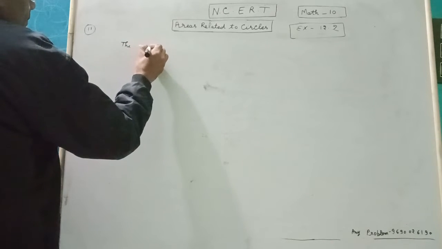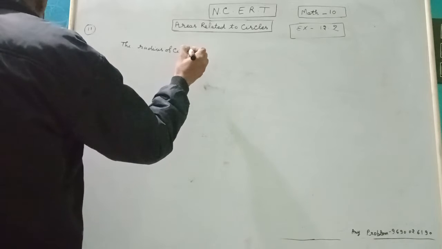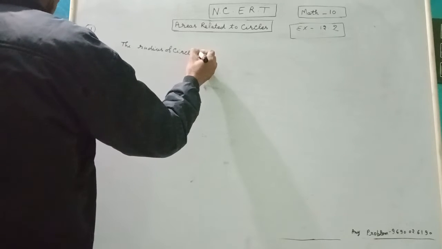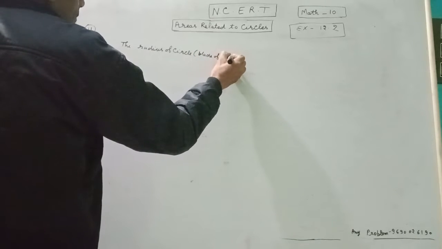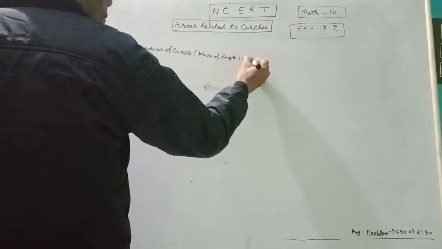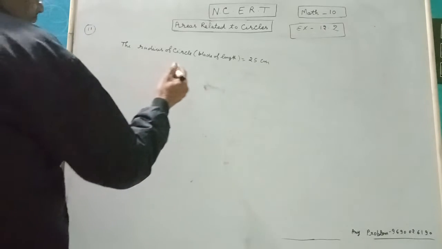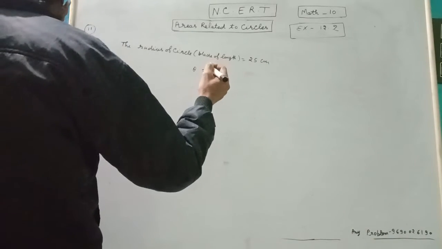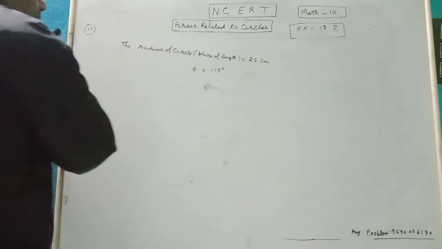The radius of the circle, the blade of length, is equal to 25 cm. There are 2 wipers. The angle between them, 115 degrees, is how much one wiper moves.